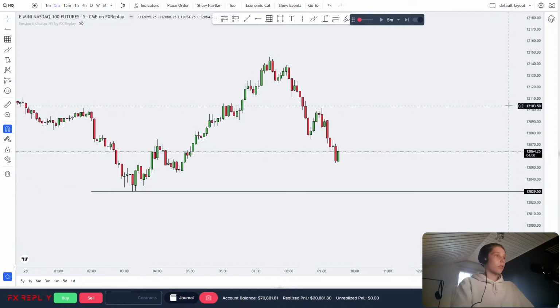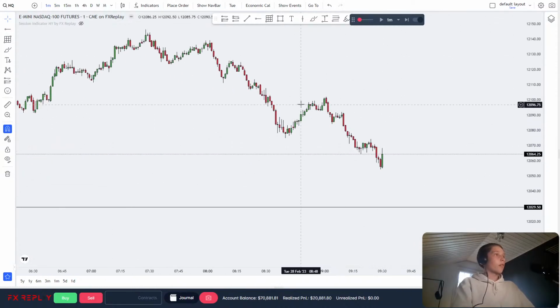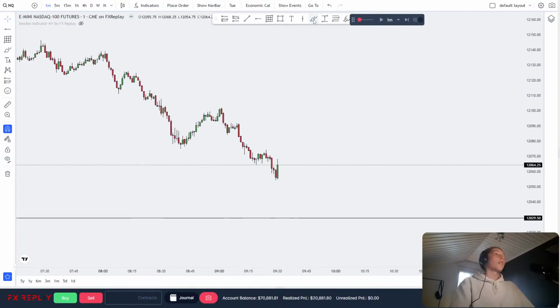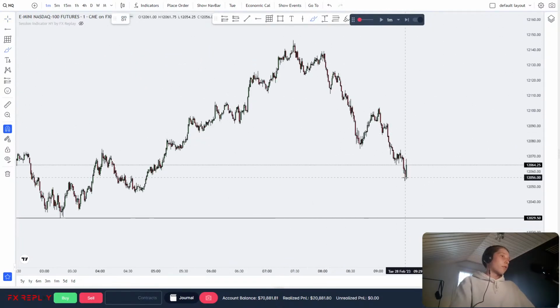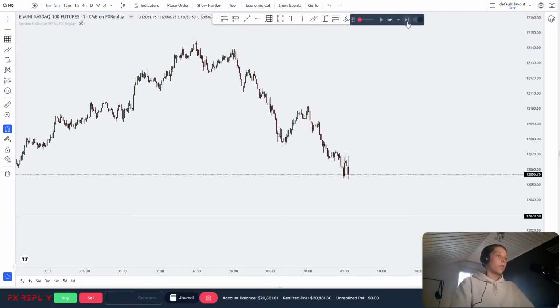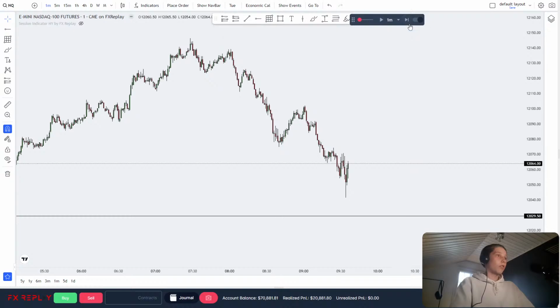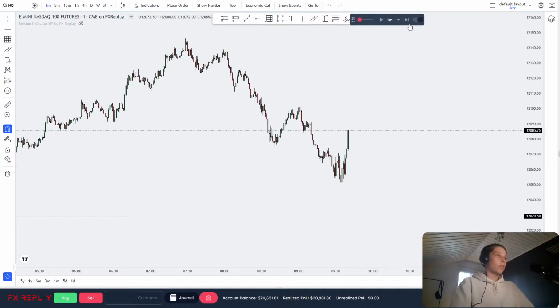So that's what we're gonna do. We're gonna see if we get nice sell positions. What I would like to see, in case of a sell, is the stock market open pushing higher and sweeping some of that liquidity. So we actually don't get too much volume, which is okay.